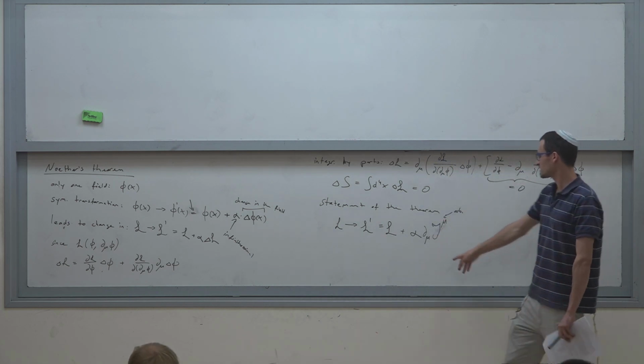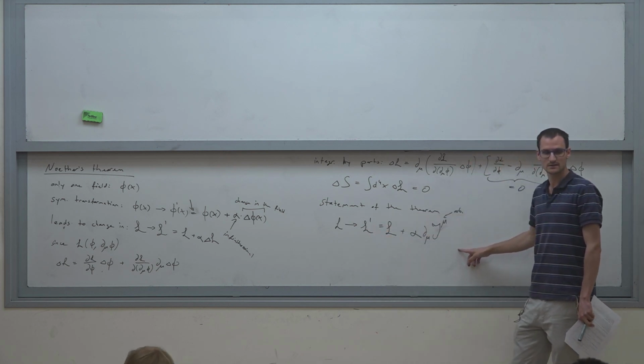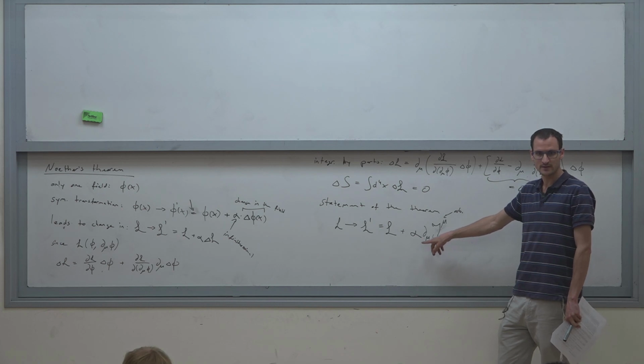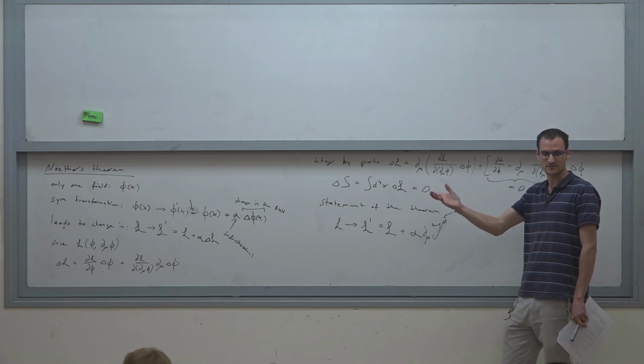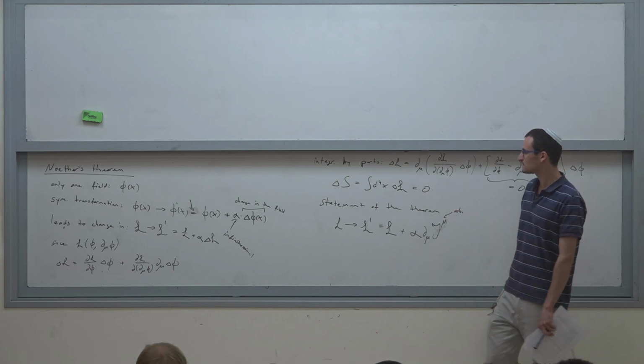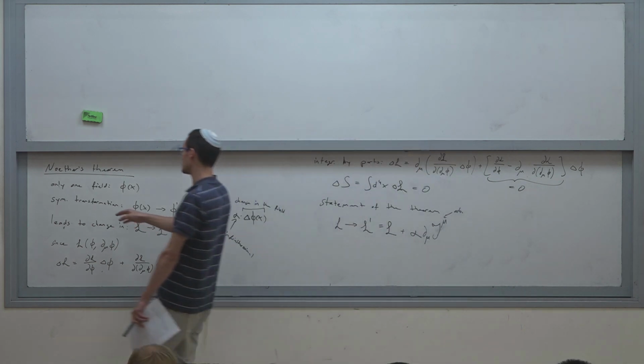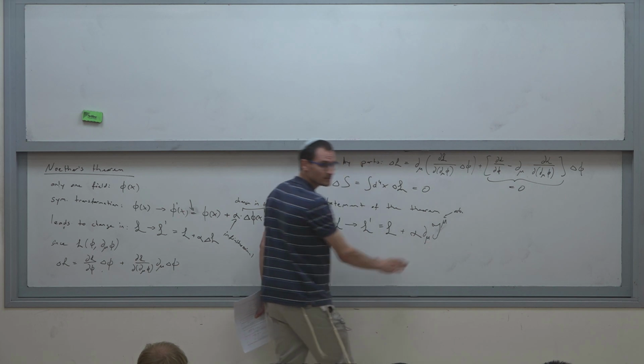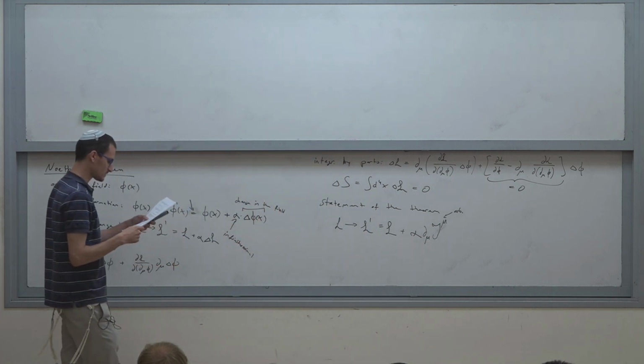If the Lagrangian changes by this, then the action only changes by a surface term, which is irrelevant for equations of motion. So even though the Lagrangian does change under a symmetry transformation, if the change is only this, it's okay. It's still a symmetry transformation.